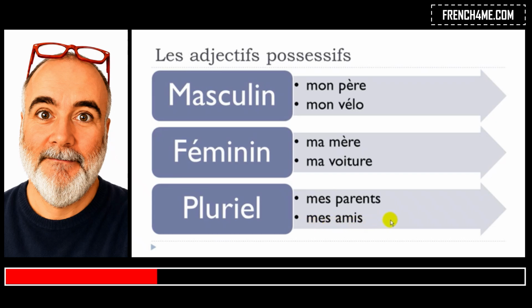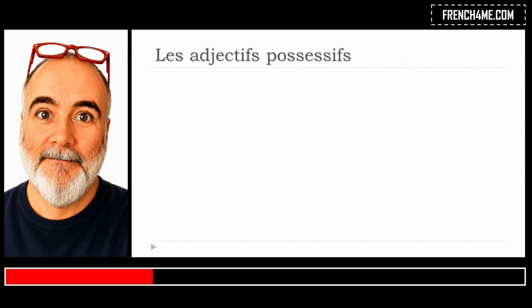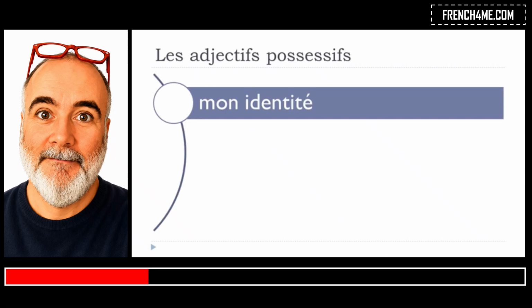All right, so I hope it's clear, because of course, as usual in French, we've got some exceptions, and the exceptions are for the feminine words, like identité, for instance. Identité does mean identity.